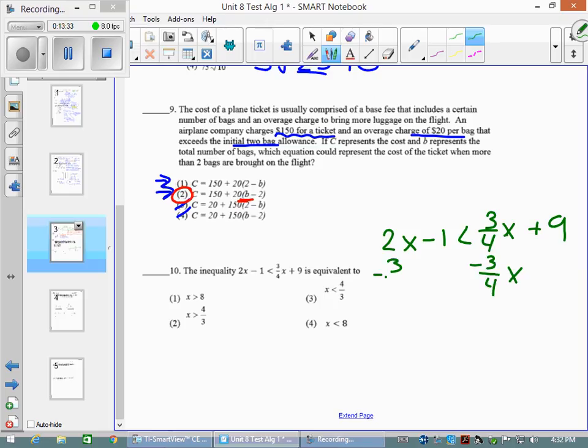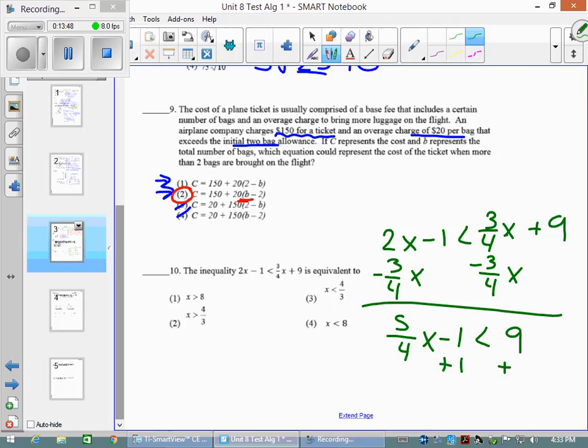When I subtract that, you can do that right in your calculator, I would get 5/4 x. I still have this minus 1, and it's still less than 9. Again, I want to get my x term by itself, so if I add 1 on both sides, I would get that 5/4 x is less than 9.